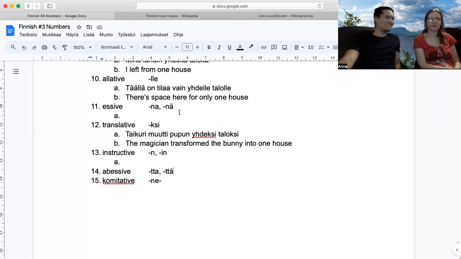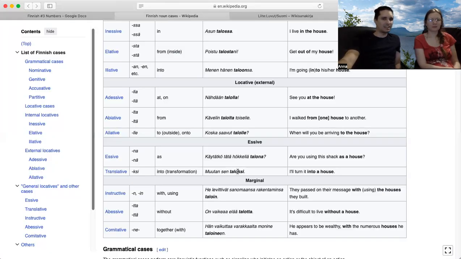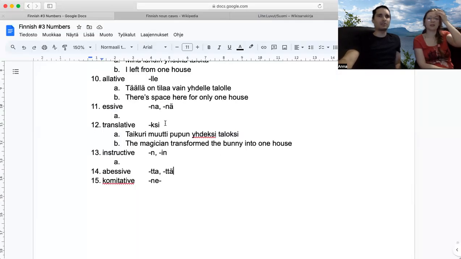Here they have, on vaikea elää talotta, it's difficult to live without a house. But I couldn't think how to use it with adding a number, because you couldn't say voi elää yhdettä taloutta. It sounds incorrect.